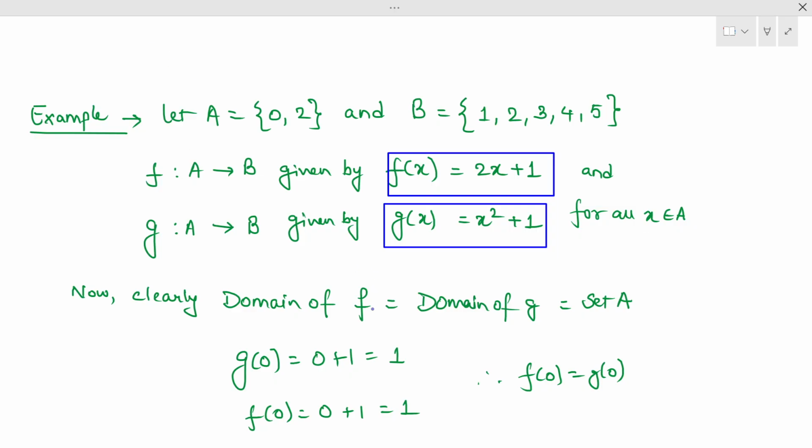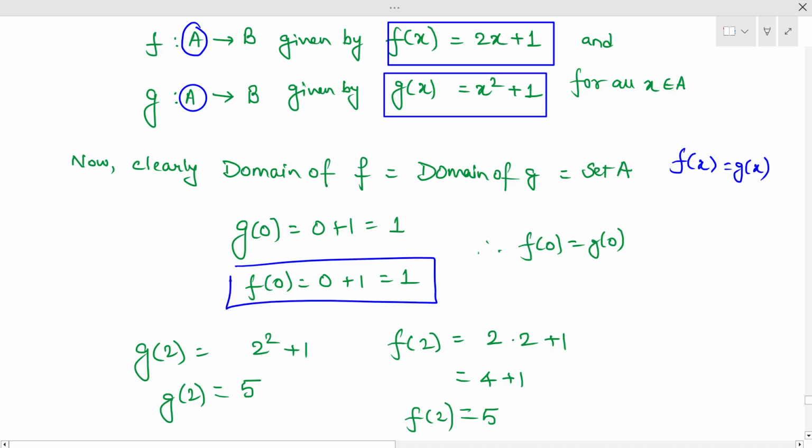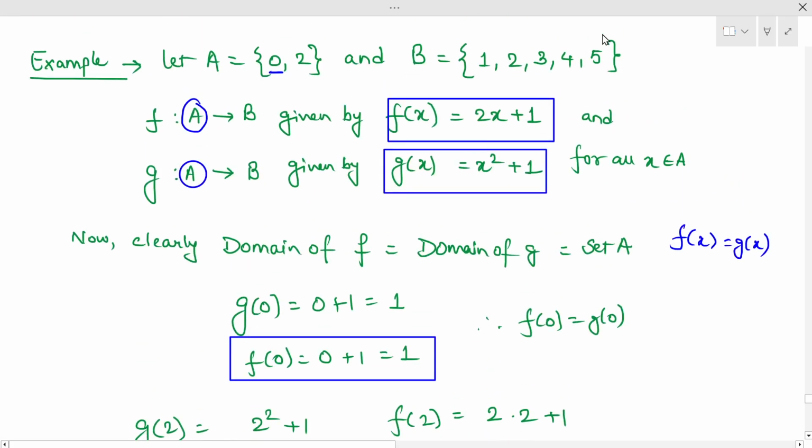So clearly you can see that the domain of f is the same as the domain of g, which is the set A. Second thing, we need to check if f(x) equals g(x). So we will check at x equals 0. f(0): f(x) is 2x + 1, so f(0) will be 2 times 0 plus 1, that will be 1. Similarly, g(0) is 0² + 1, so that will be 1.